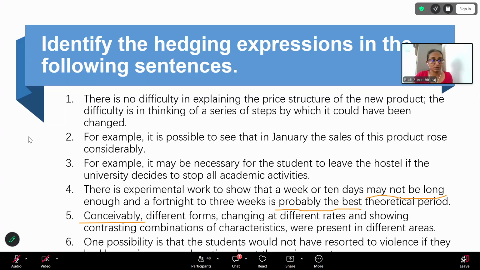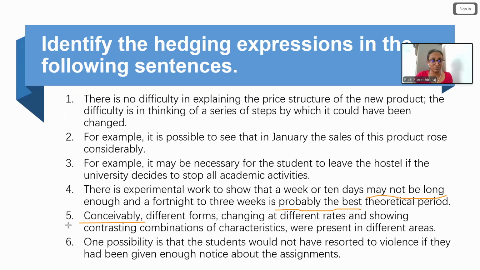Sorry guys, I'm going to change the color because it's horrible. So conceivably is again a very, very rare word. We don't really use it. Even in academic writing, it's not fairly regularly used. So don't worry if you haven't seen it before. I don't use it a lot either, so that's fine.